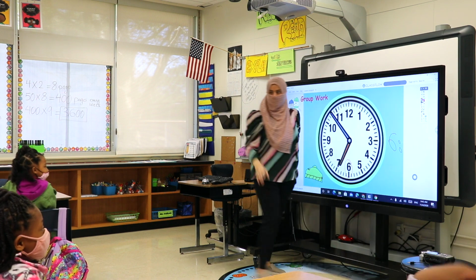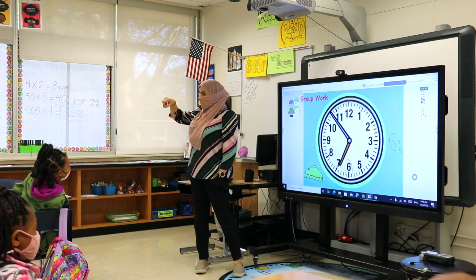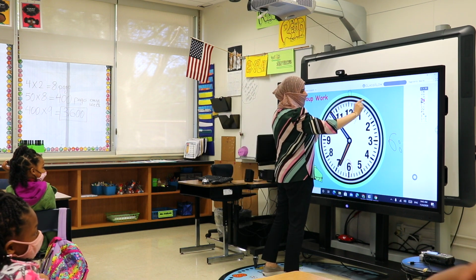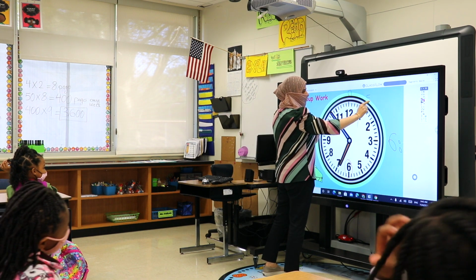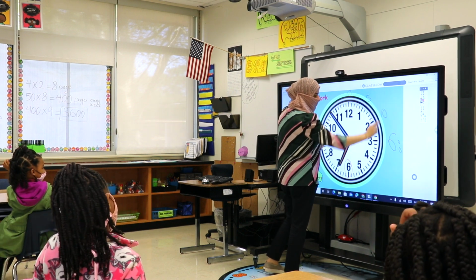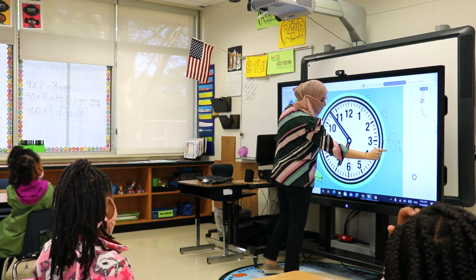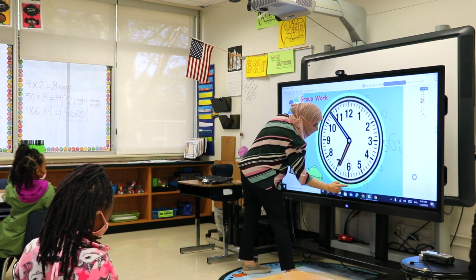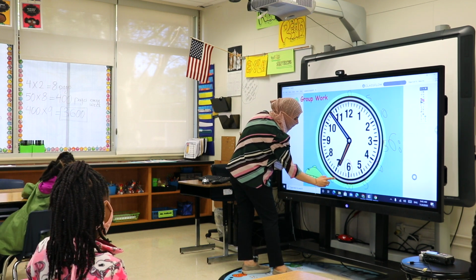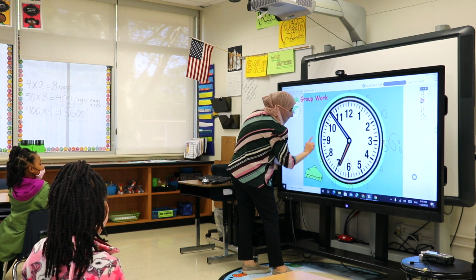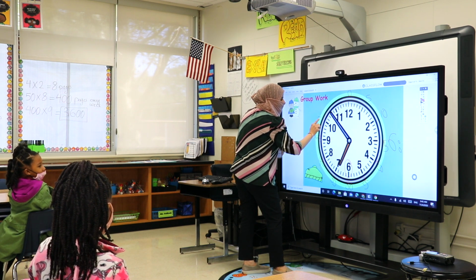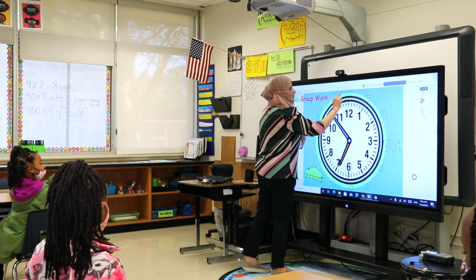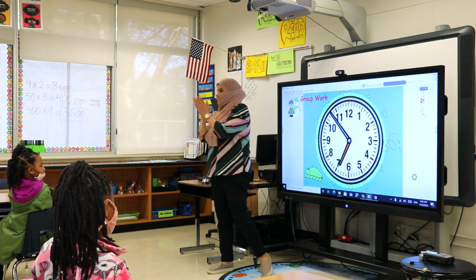And when you have to do the work on the paper, make sure to skip count outside the clock's face. 0, 5, 10, 15, 20, 25, 30, 35, 40, 45, 50, 55, 60. The 60 and the 0 are the same time.